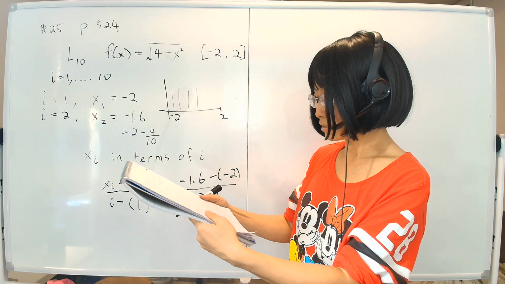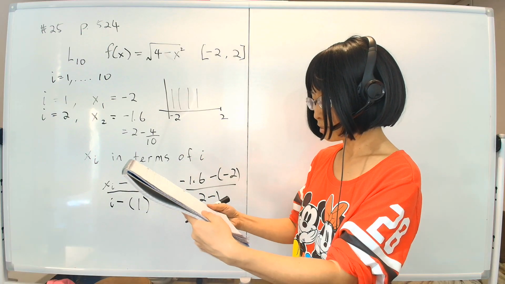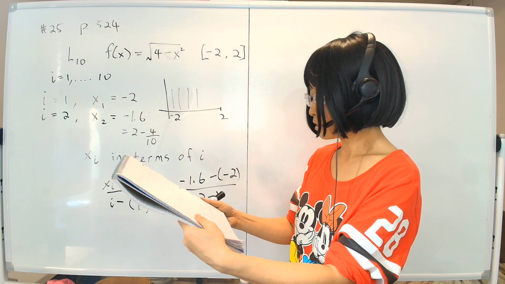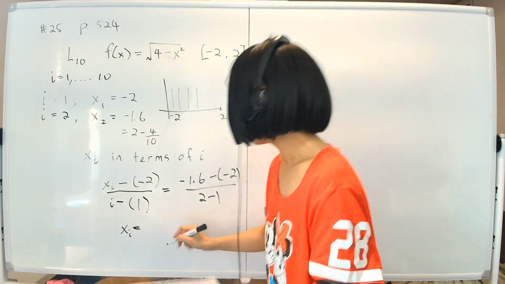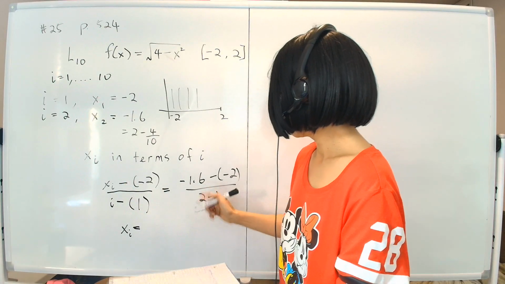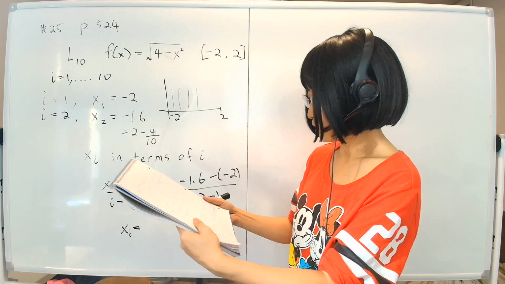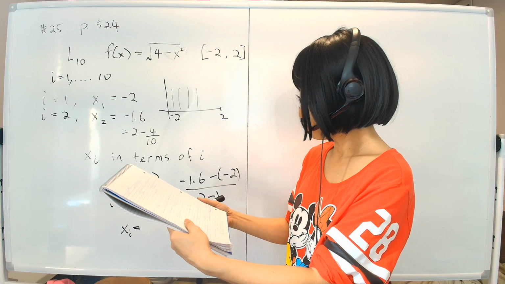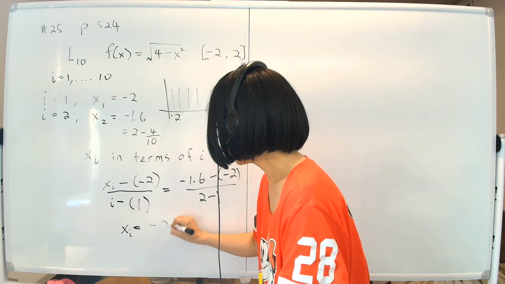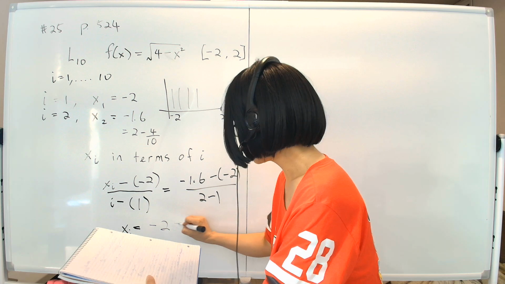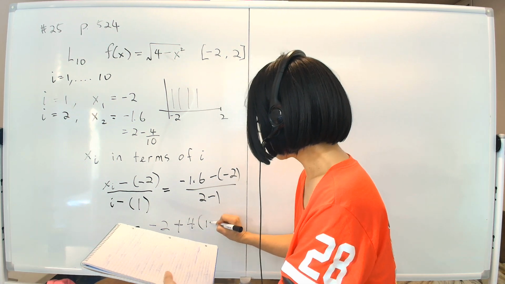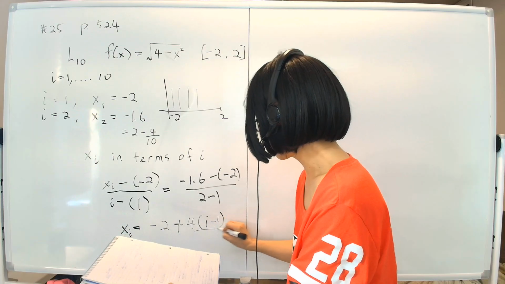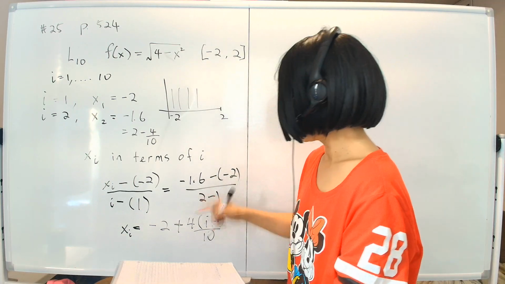So when you crank this stuff out, then you get something like x of i equals, what do I have? xi equals -2 when you finish all this stuff, plus 4 times (i minus 1) over 10, when you get it all done.